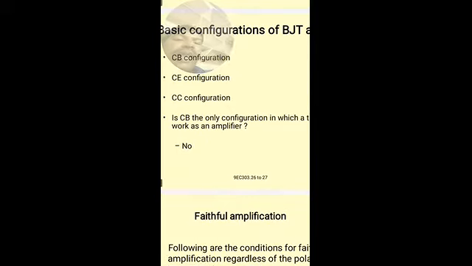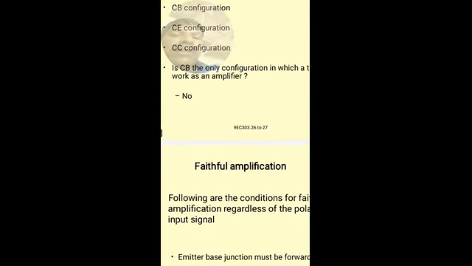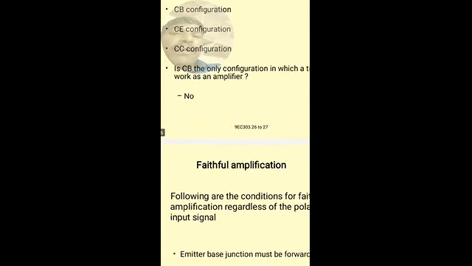So the transistor works as an amplifier in the CE configuration, and in the CC configuration it will not amplify the voltage. So we'll see the parameters which are going to be increased in the three configurations: CE, CB and CC.